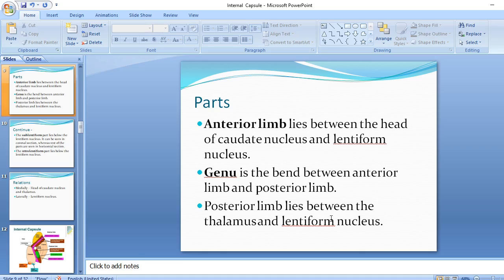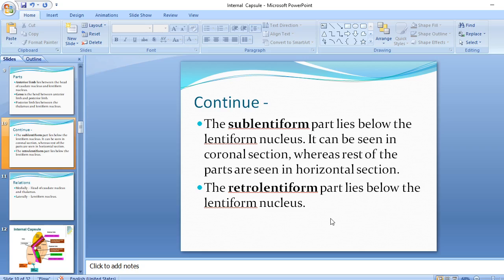So thus, the anterior limb lies between the head of the caudate nucleus and the lentiform nucleus. The genu is the bend between the anterior limb and the posterior limb, and posterior limb lies between the thalamus and lentiform nucleus. The sublentiform part lies below the lentiform nucleus. It can be seen in the coronal section, whereas the rest of the parts are seen in the horizontal section only.